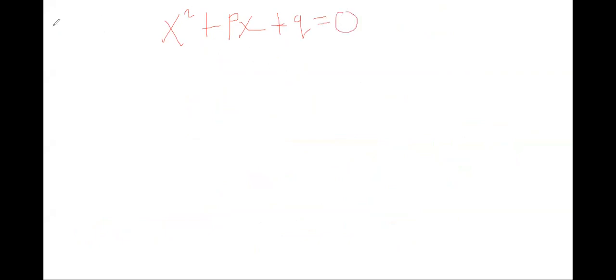So in the standard form, let's say this is case 3. In case 3, p is not equal to 0, that is, the linear term is present. q is not equal to 0, meaning that the constant term is also present.